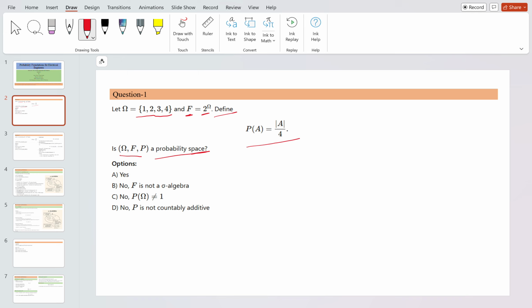If you have the idea of the concept of the probability space, you can try to solve it, and after a few minutes we will solve it and see how the concepts are formulated. Take some time, read the problem and try to solve it.